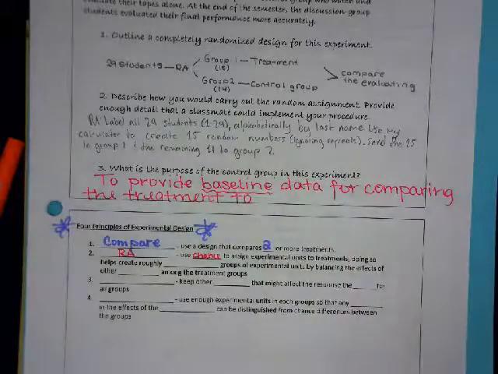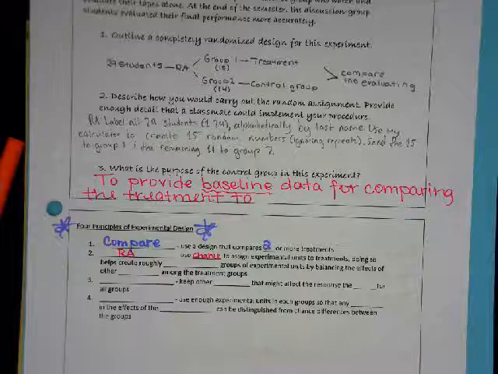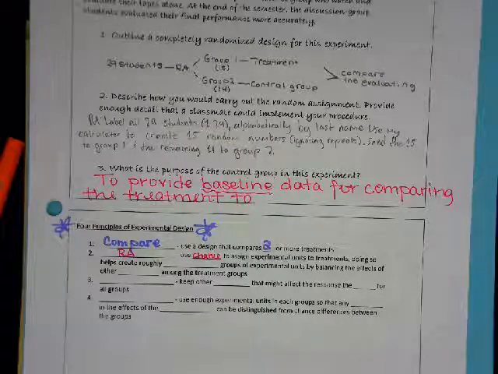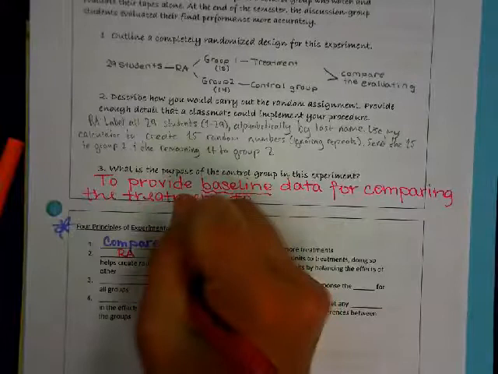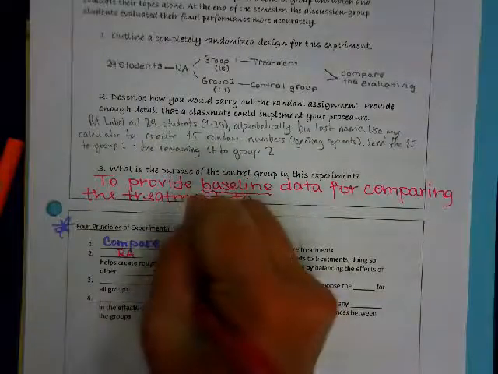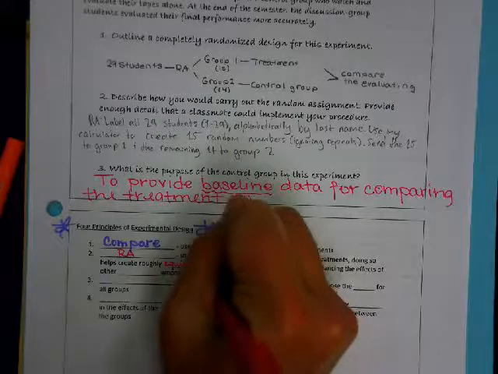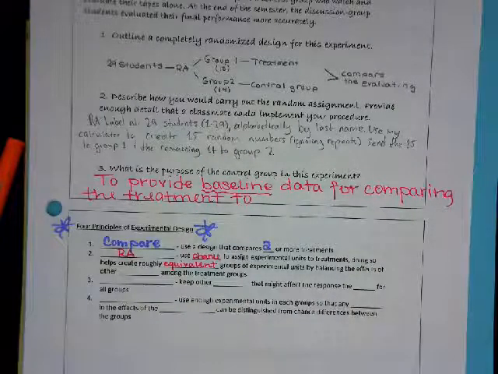Doing so helps create roughly equivalent groups of experimental units by balancing the effects of other variables among the treatment groups.